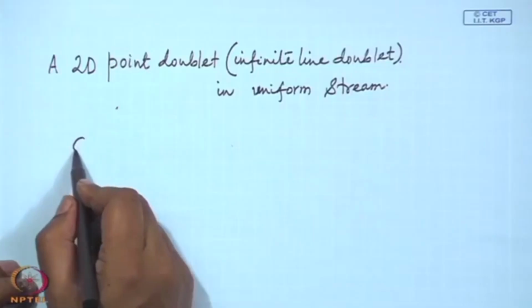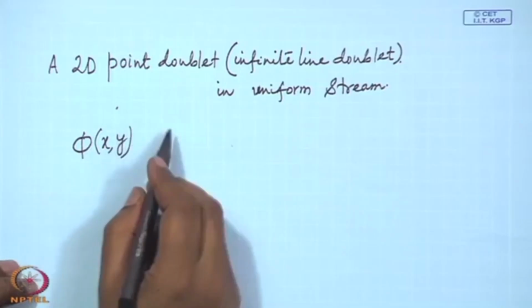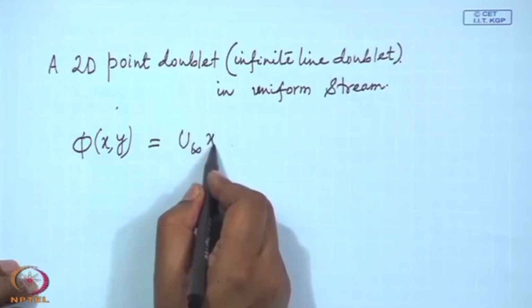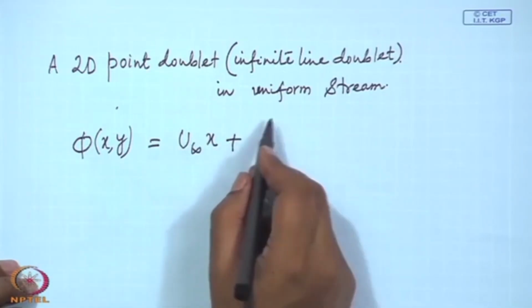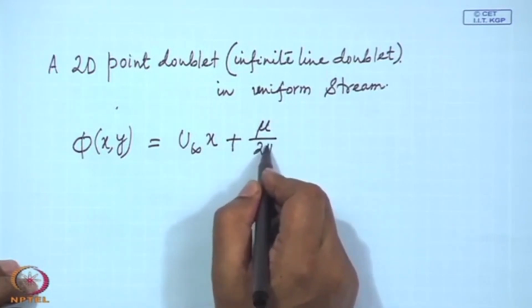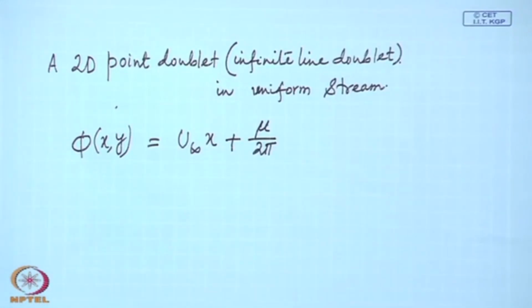Or rather, for the infinite line doublet, the potential function is mu by 2 pi cos theta by r.